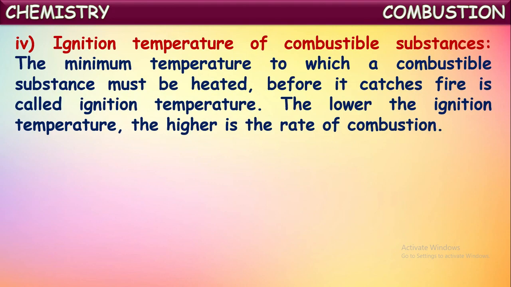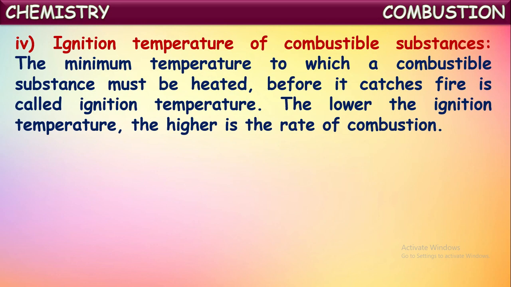Next, ignition temperature of the combustible substance. This also affects the rate of combustion. The minimum temperature to which a combustible substance must be heated before it catches fire is called ignition temperature. Now, the lower the ignition temperature, the higher the rate of combustion.